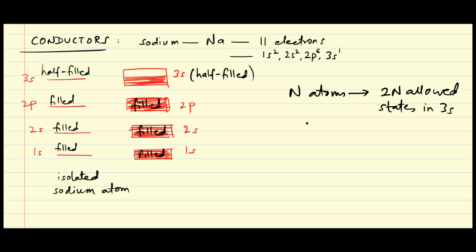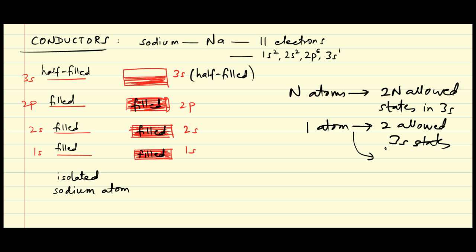That is essentially because one atom has two allowed 3s states. So when the 3s energy levels combine to give you a 3s energy band, there are going to be 2n allowed states.